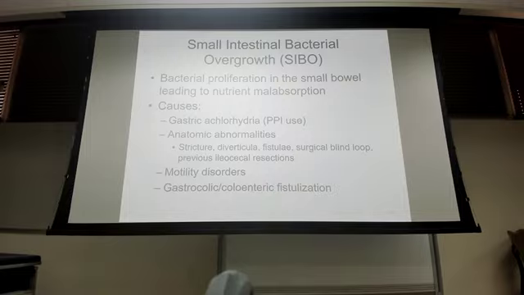So if you're not moving the food, the products of digestion, into the large intestine at the rate it's supposed to go, and things are just hanging out in the small bowel, then you start to get bacterial overgrowth. And then a fistula, like a tract, right, between the stomach and the colon.